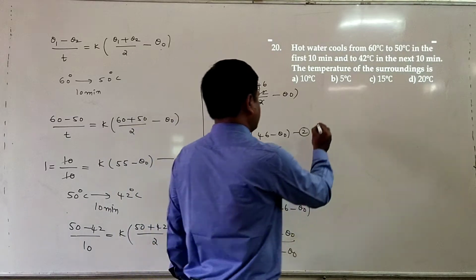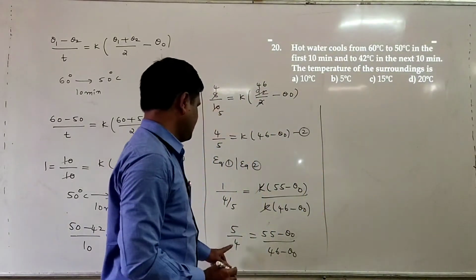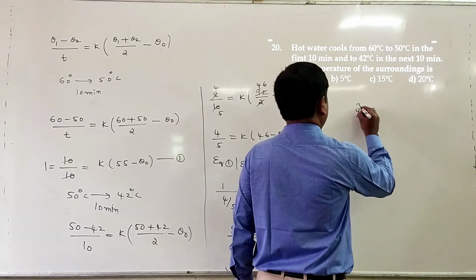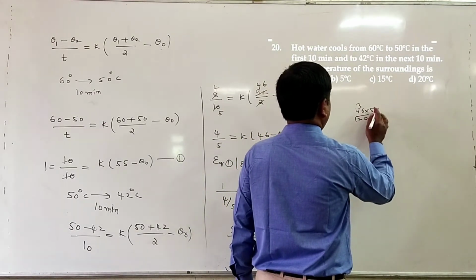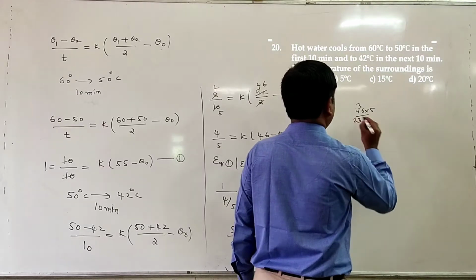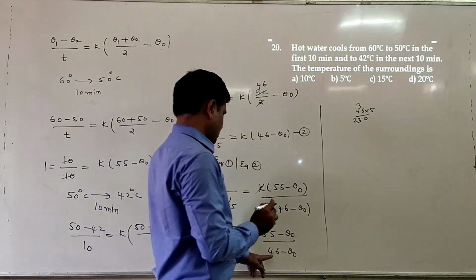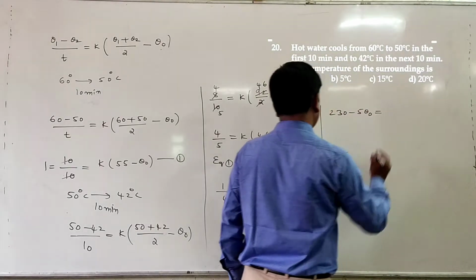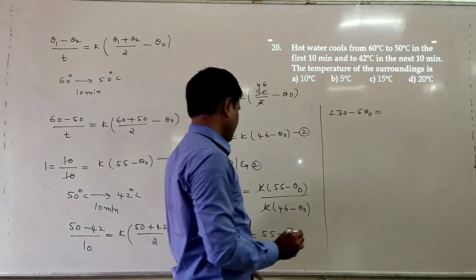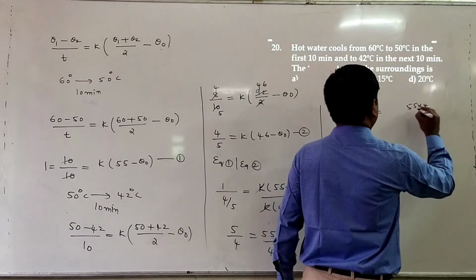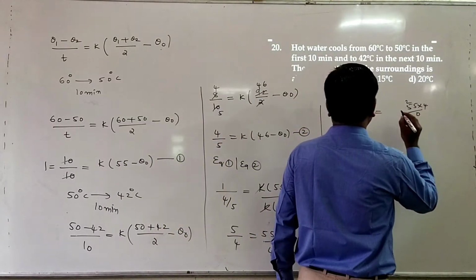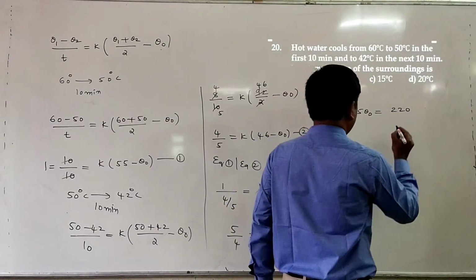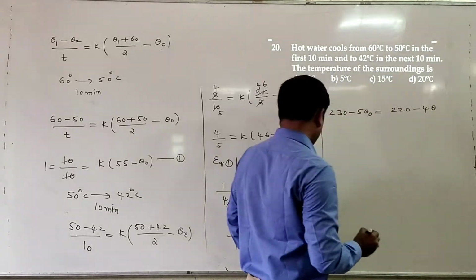Now cross multiplication. 46 into 5 is 230, so 230 minus 5 theta naught is equal to 55 into 4, which is 220, minus 4 theta naught.